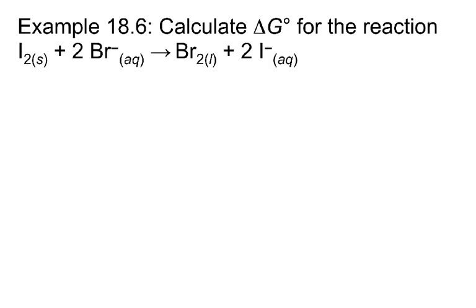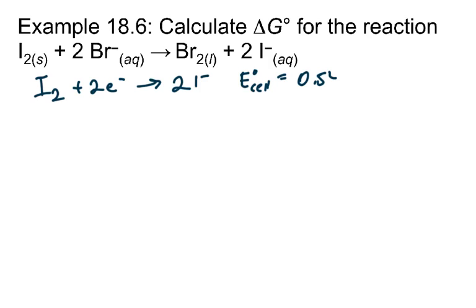One more example here, calculate delta G for the reaction. Again, we have to look up our values in our table 18.1. So my reaction of iodine, I2 plus 2 electrons goes to 2 I minus, my potential is 0.54.